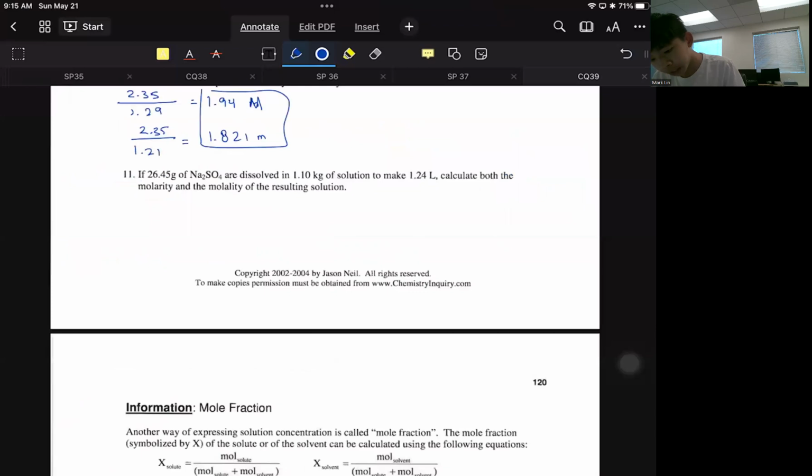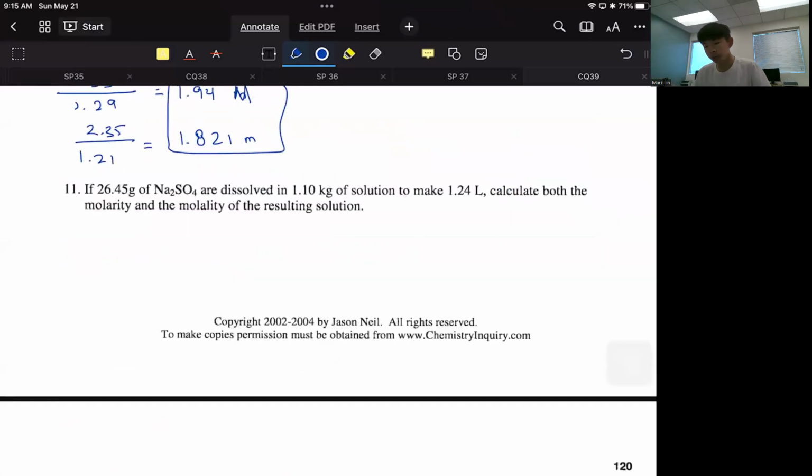Okay, number 11. If 26.45 grams of Na2SO4 is dissolved in 1.1 kilograms of solution to make 1.24 liters, calculate both the molarity and molality of the resulting solution. So we need moles of solute, but we're given grams.